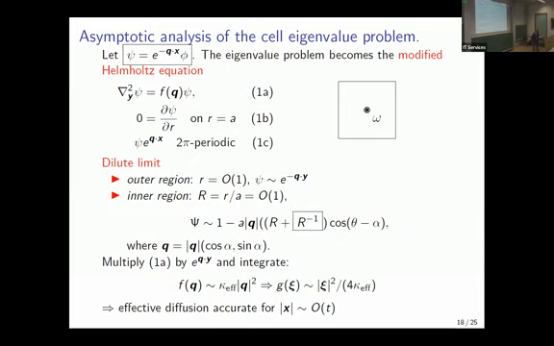And then one can multiply this equation with exponential of q dot y and integrate and use this and this, without having to go to higher orders, which can be quite messy, including logarithmic corrections in a. This is a little trick that gives you the correction to f, the principal eigenvalue that you're interested in, as a quadratic function of q squared with coefficient the effective diffusion coefficient of Maxwell and Rayleigh, the classical one.